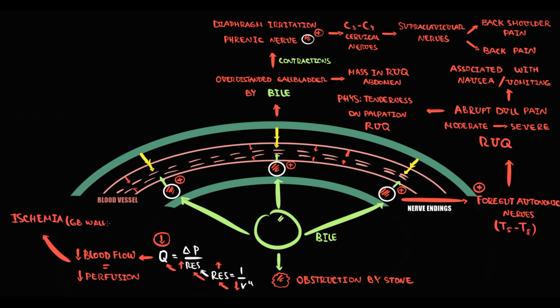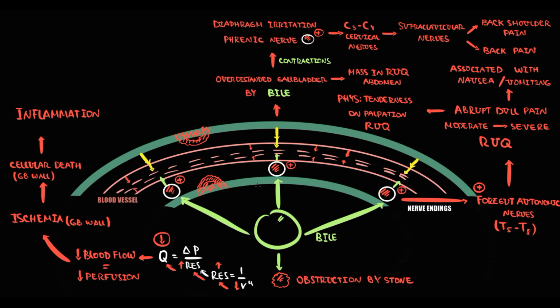If the stone passes, compression resolves, and thereby ischemia resolves, so no further problems. But if obstruction is prolonged, then compression lasts longer, and with prolonged ischemia cells begin to die, and with cellular death neutrophils come in, so inflammation develops. The more prolonged the ischemia, the more cells die, and thereby the more severe the inflammation becomes.